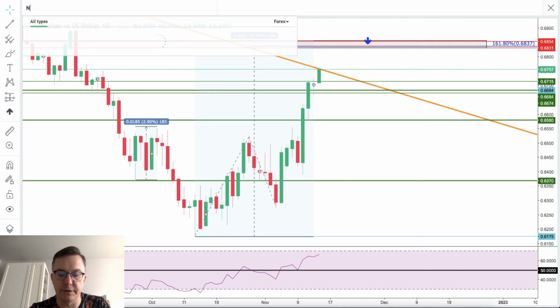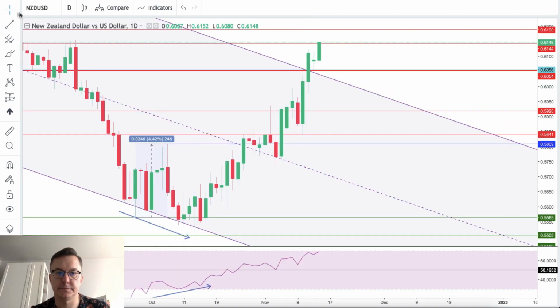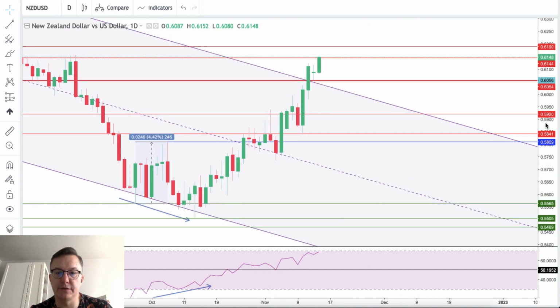Let's find out what's going on with the New Zealand dollar. As you can see, the situation is very, very similar to the Australian dollar.